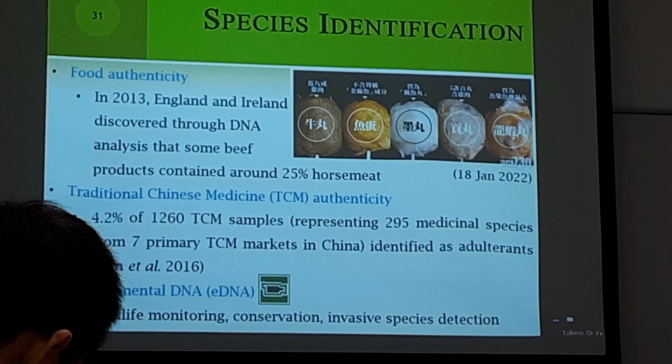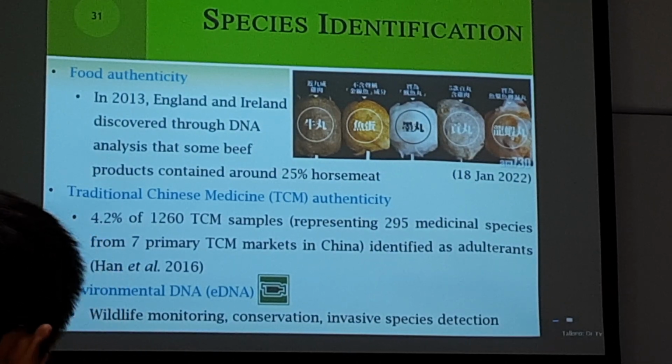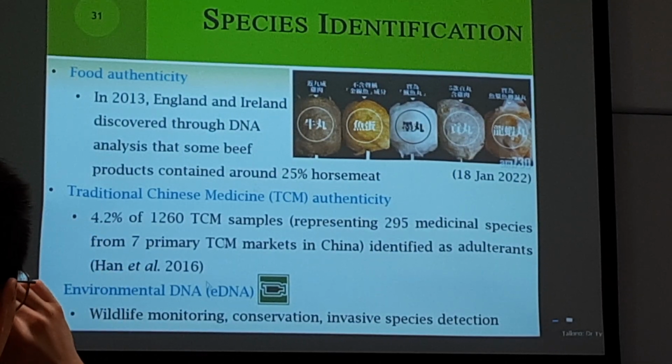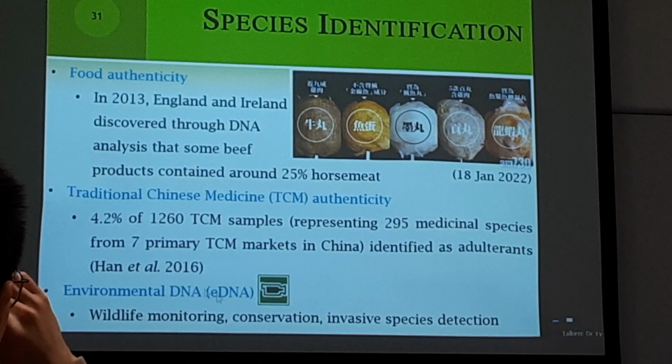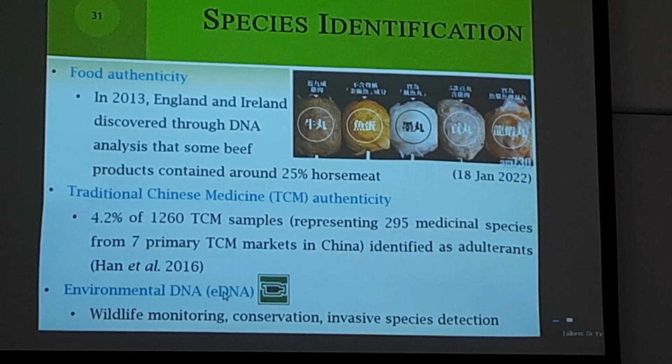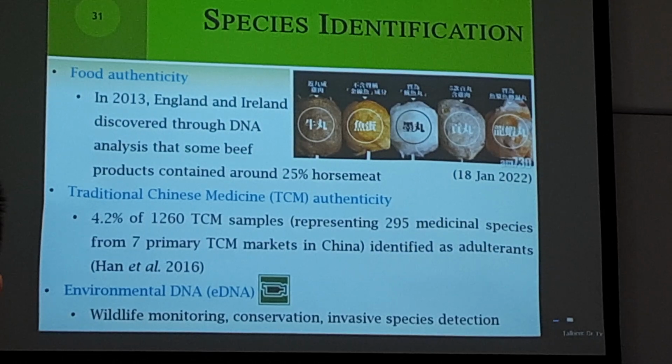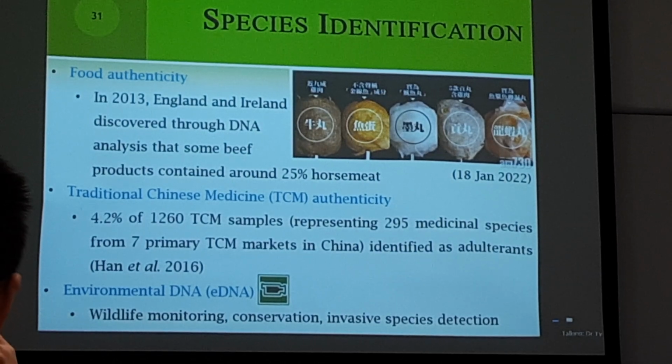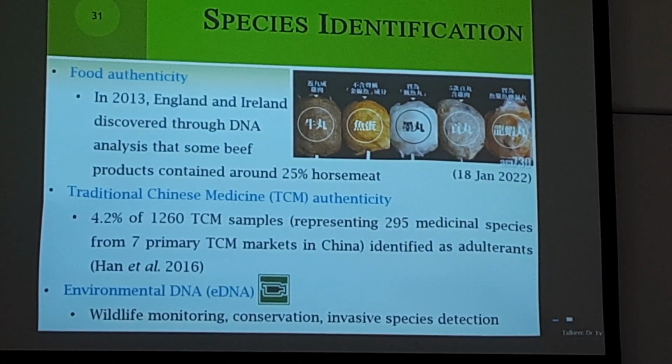So we have to check whether they are the real, authentic one, or the fake TCM. We can also check eDNA from the environment to find hidden species. You cannot really see them, you cannot really collect the species, but they are there. If you can find the DNA, you can confirm they are in the environment.